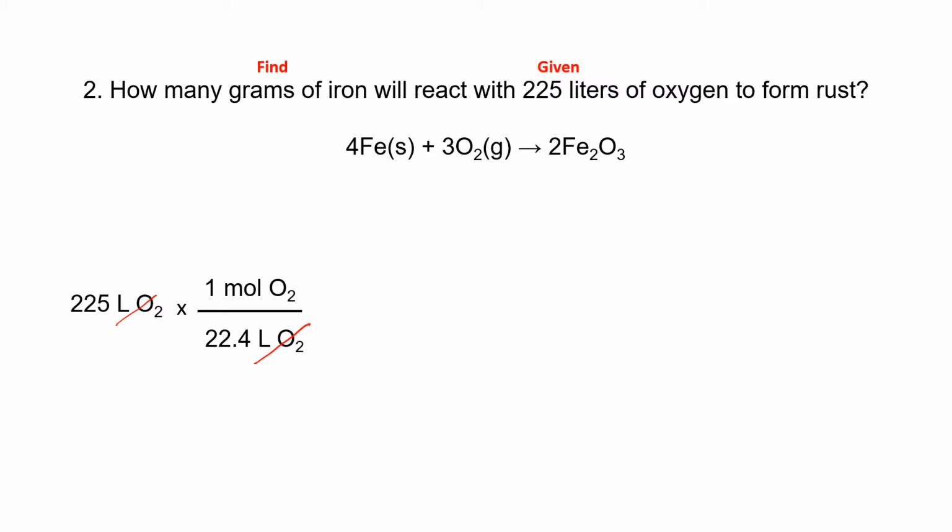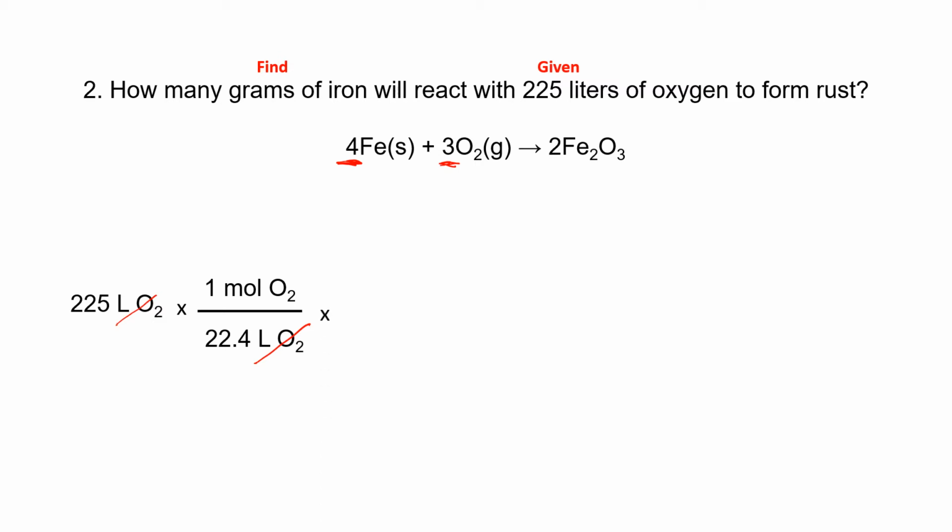So we're going to go from moles of oxygen gas to moles of iron. So we're going to use our mole ratio. So if we look up at the balanced chemical equation, we're going to be looking at this coefficient, 3, for oxygen gas, and then this coefficient of 4 for iron.